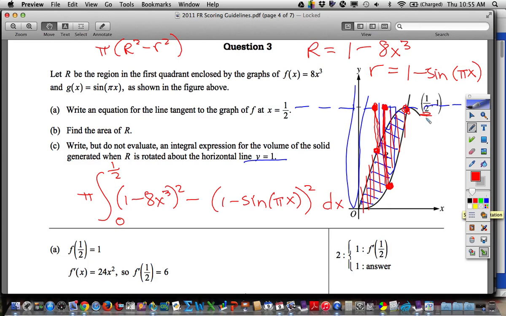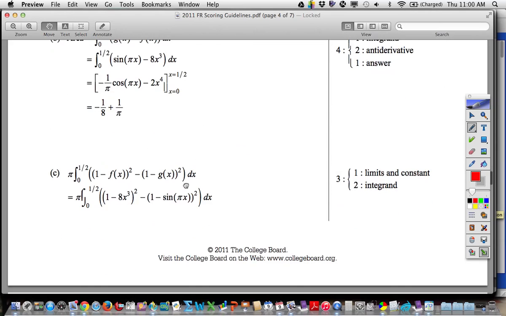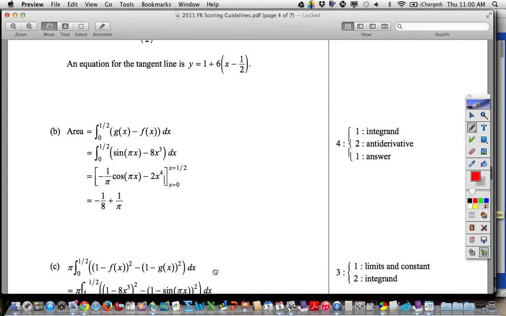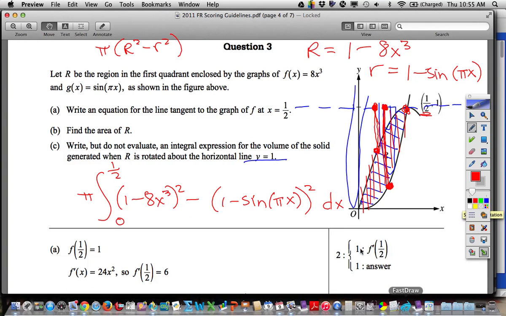Horizontal strips would go from 0 to 1, but we want vertical strips, 0 to 1/2. Let's take a look. Is that what they have here? Pi, 0 to 1/2. Sure enough, that's exactly what they got. All right, there you go. Very good. That's the 2011.